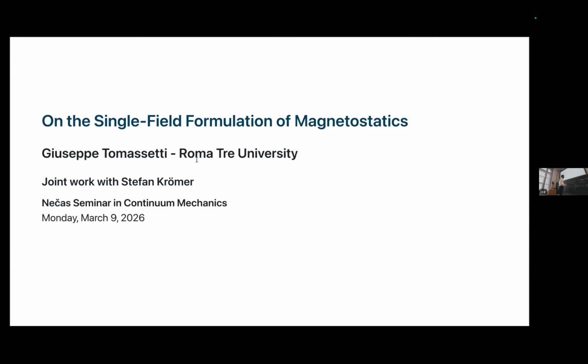And then in addition, we have an external applied field, which we call HA. Let's call this HA. And this is from R3 to R3 and has zero divergence. And this is the magnetic field that is applied from the outside.